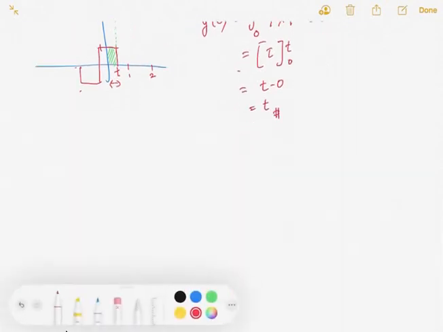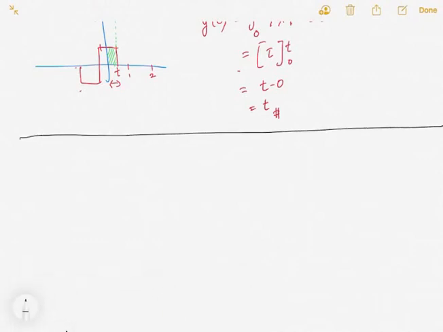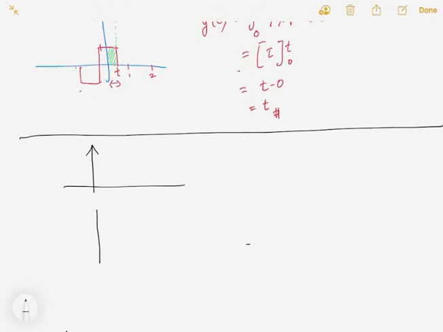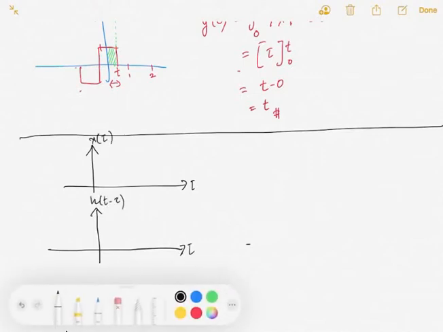Now we look at another one. Shift again, the t shifts from 1 to 2. Let's draw again the signal with red color, 1, 2.